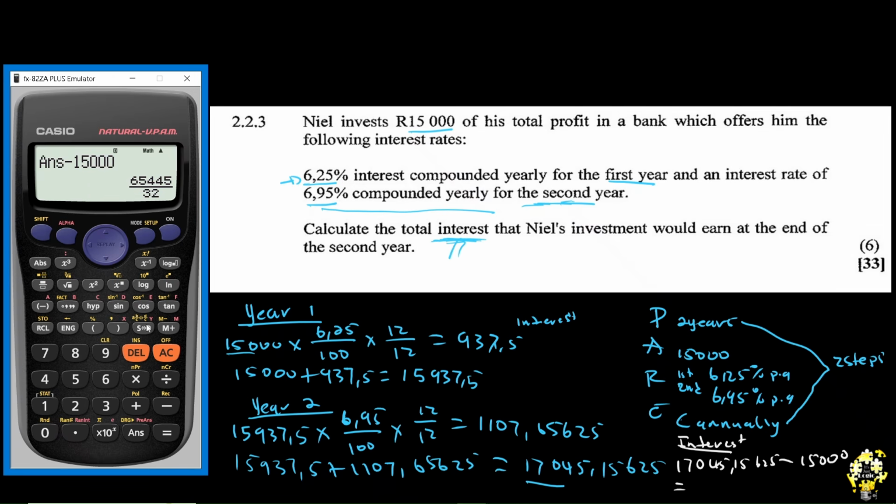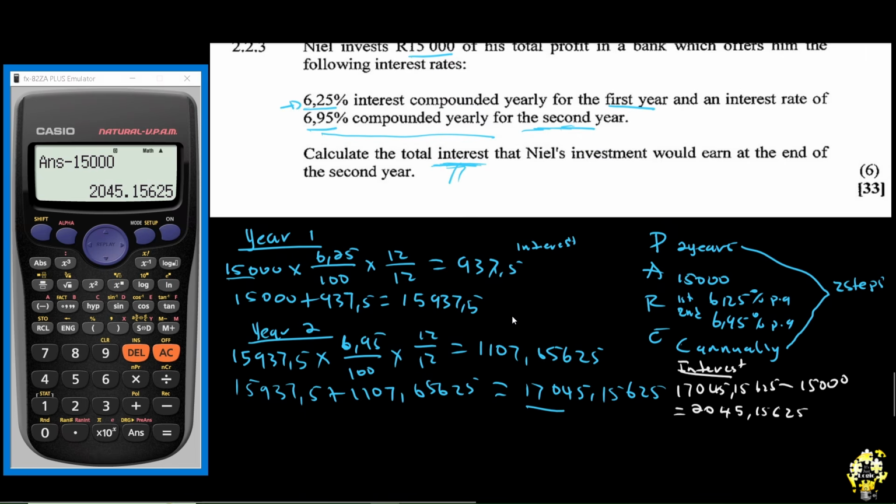We are actually getting 2,045.15625. Let's get some real estate. So this can be rounded off to 2,045.16. Yes, 0.16. That should be the rounding off of that particular one, because that's what they said we should be calculating.